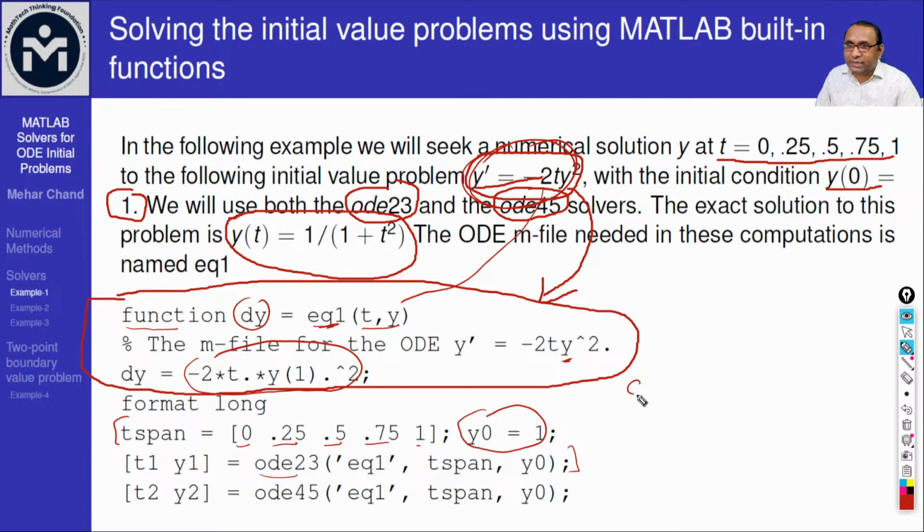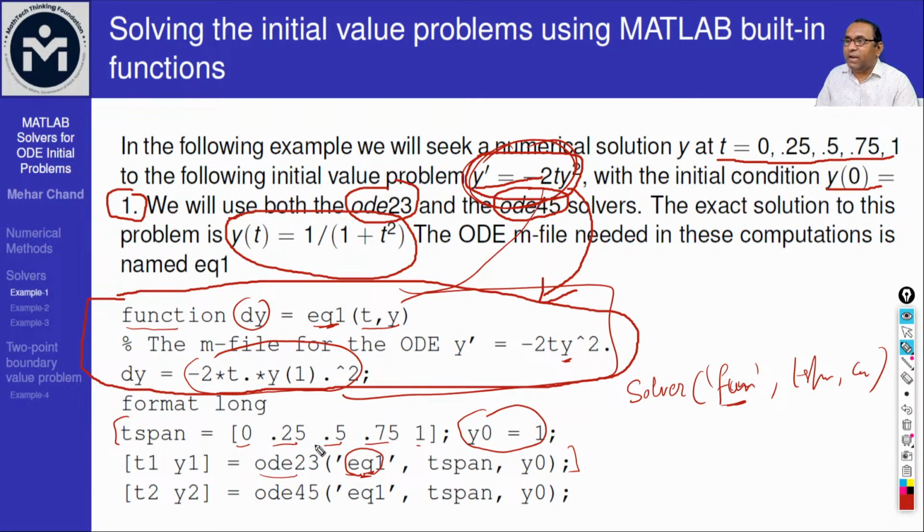We have the syntax in this way: solver, then fun, this is the function, then tspan, and then the condition. So at this place you can see we have the equation, which will be called here, which we have created in the script file.